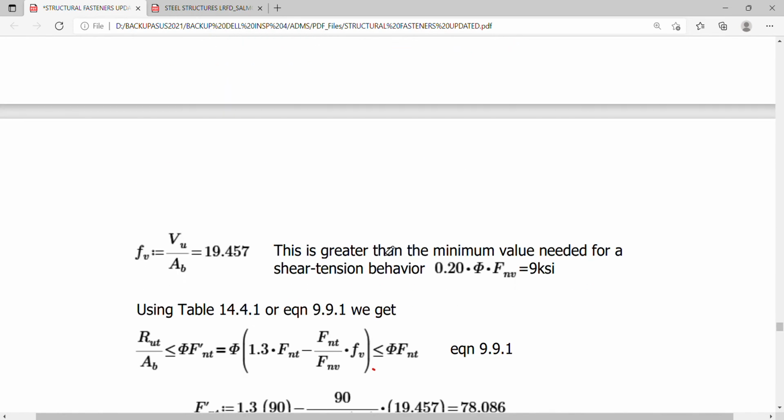So take a look now here. I'm referring to the slip critical connection interaction equation FB.